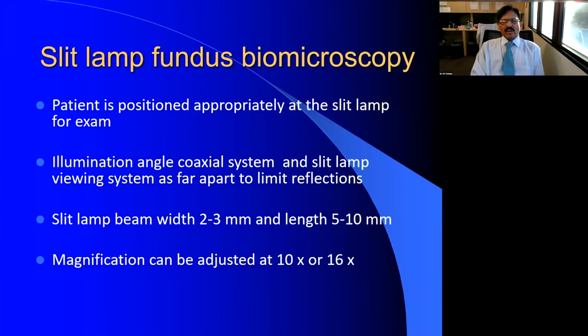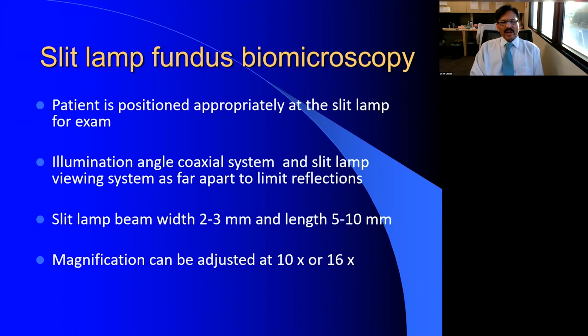So a patient is positioned appropriately at the slit lamp, illumination angle. This is one important trick: you try to separate the area of illumination angle from the area of observation. Of course, this becomes difficult in a small pupil, but the larger the pupil, the fundus visualization is much better in a reflected light than on direct light.